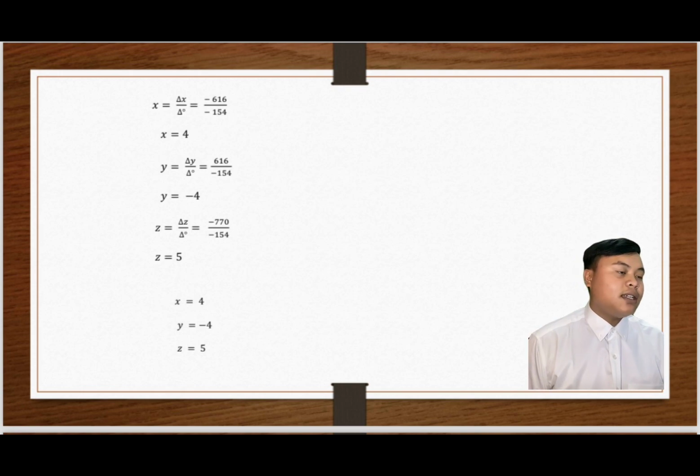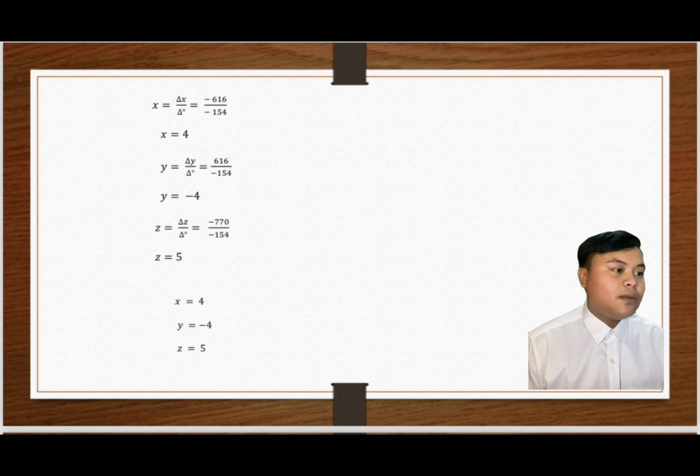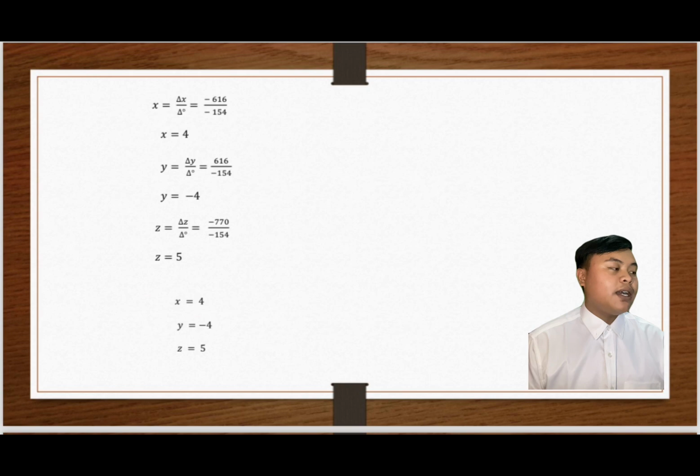And the last, z: delta z over delta equal negative 770 over negative 154 equal 5. And the final answer is x equal 4, y equal negative 4, and z equal 5.